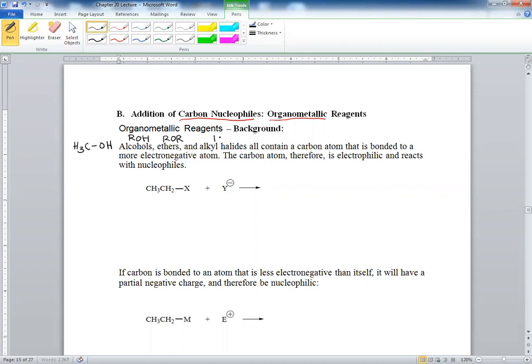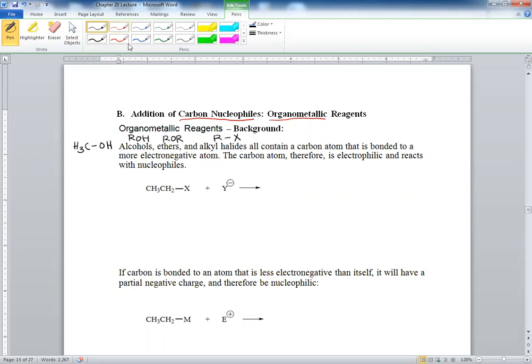And then alkyl halides are RX, where you have halogens. In these compounds, the carbon atom is bonded to a more electronegative atom. So oxygen is more electronegative than carbon, and the halogen is more electronegative than carbon. So the carbon atom, therefore, is electrophilic and reacts with nucleophiles.